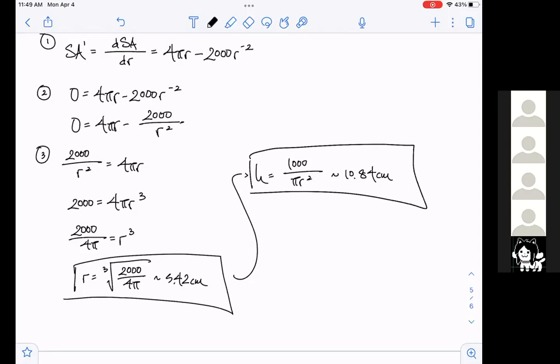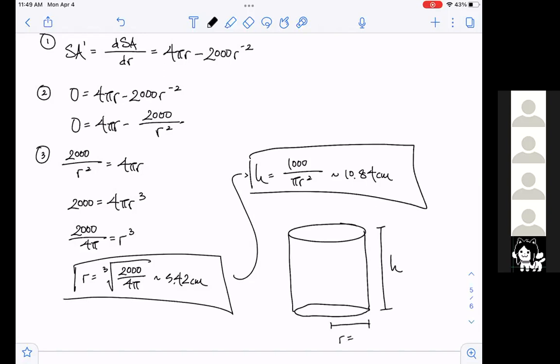Now, the cool thing about this is that it turns out that if you have a can and you want your volume to be a certain amount and you want to use the least amount of material possible, and you have the radius, it turns out that the height will always be twice the radius.